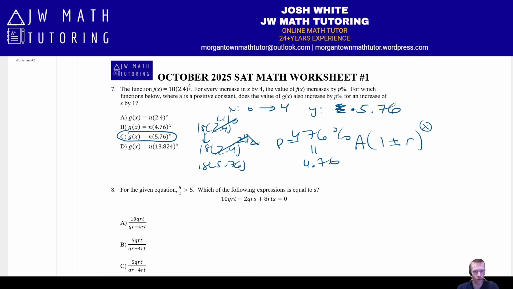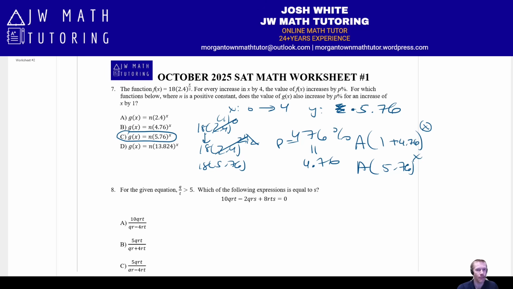So we want something with a 476% growth rate, which as a decimal is 4.76. That means first of all it's going to be plus, not minus, and second the r value is going to be 4.76. Combine those together and you get 5.76 to the x. So that's a second way you could do this.